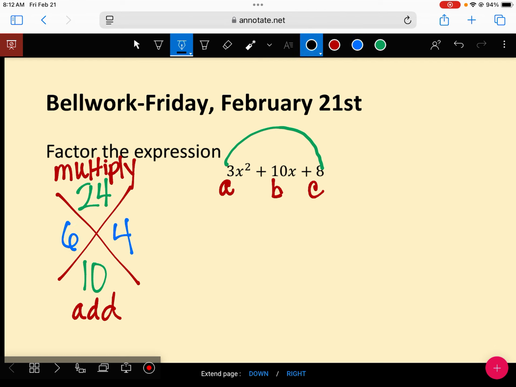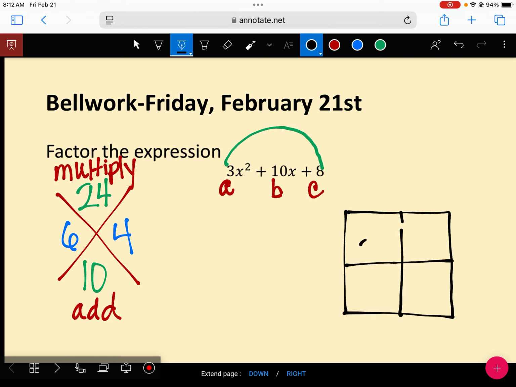Let's go ahead and make our box. We put our A here, and our C will always go here. And then the two numbers that Isaiah gave us, they go here and here.